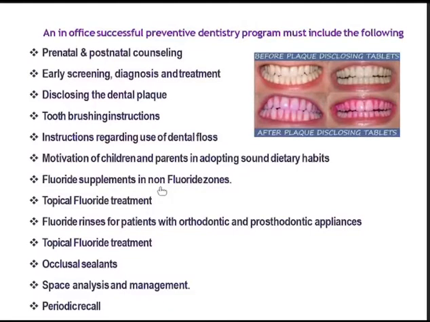Space maintenance, that means when a primary tooth is lost, you give an appliance to maintain the tooth space so that the permanent tooth erupts properly into the space without causing any malocclusion. And periodic recall. These are some of the most commonly followed preventive protocols in the clinical setup.